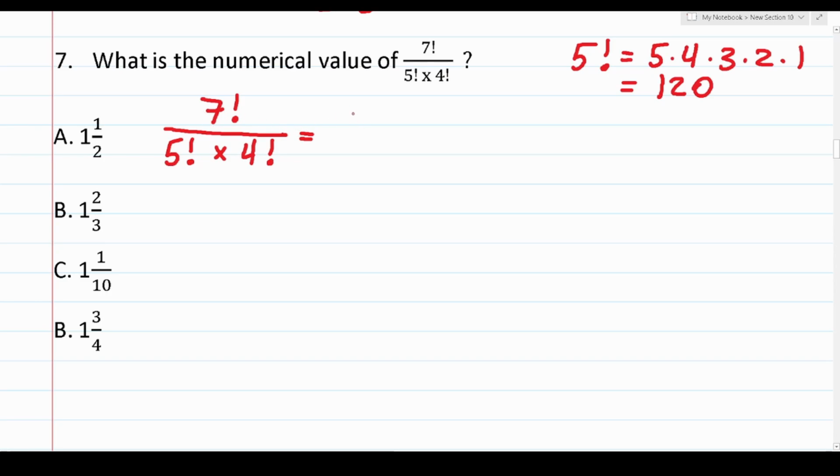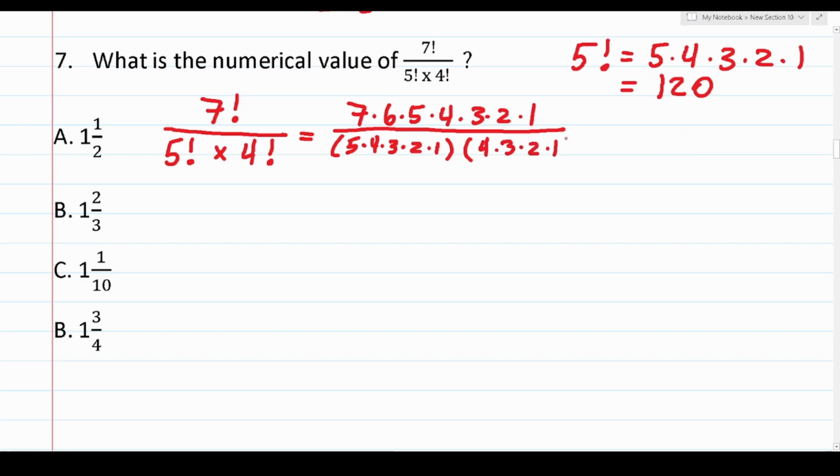So 7 factorial, as we should now know, is 7 times 6 times 5 times 4 times 3 times 2 times 1 over 5 factorial. And I'm going to put these in parentheses just to make sure that it's clear that they're being multiplied together. So we have 5 factorial, which is the same as 5 times 4 times 3 times 2 times 1 times 4 factorial, which is the same as 4 times 3 times 2 times 1.